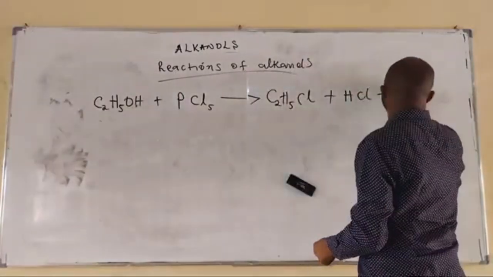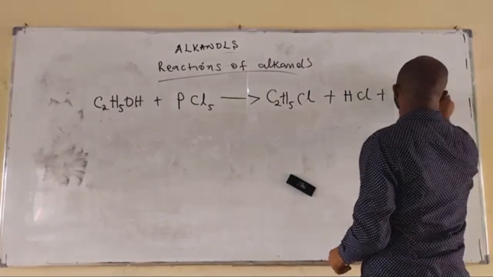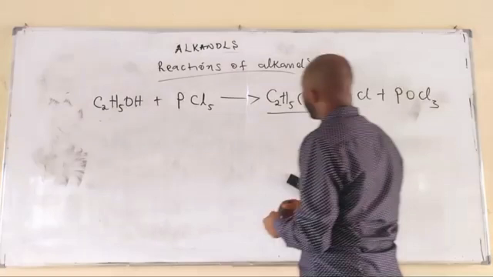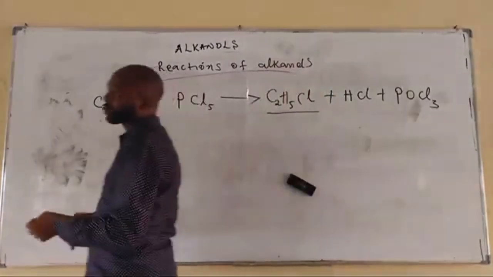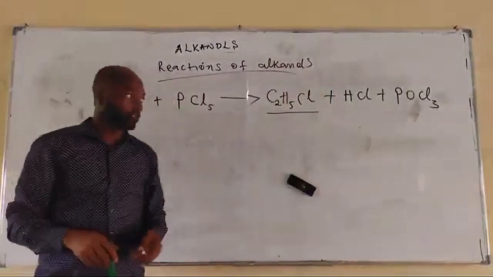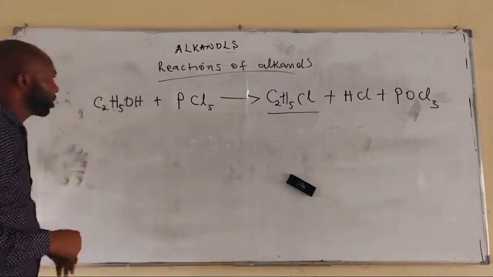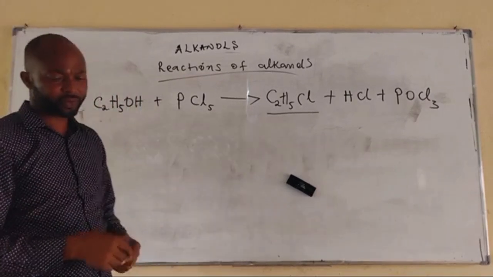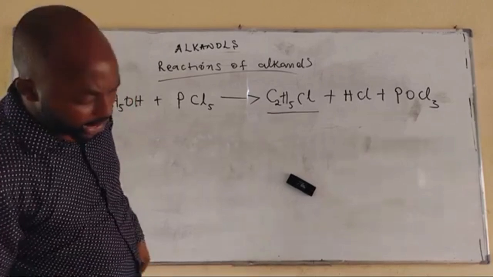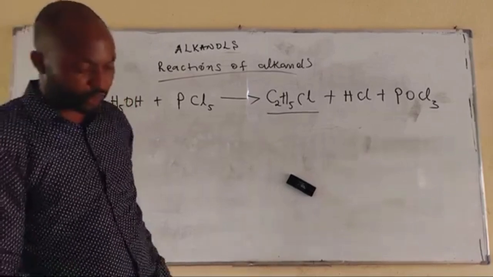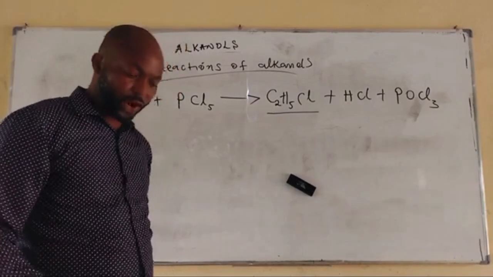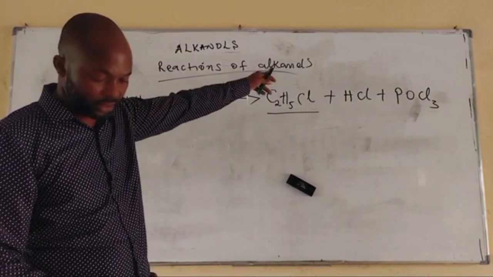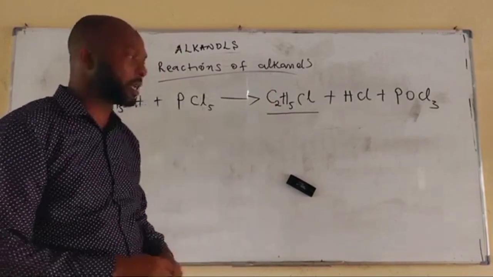So we have been able to form our haloalkane, that is chloroethane, through our reaction with phosphorus pentachloride. We say ethanol reacts with phosphorus pentachloride to give chloroethane with evolution of hydrogen chloride gas. So that HCl is a gas.